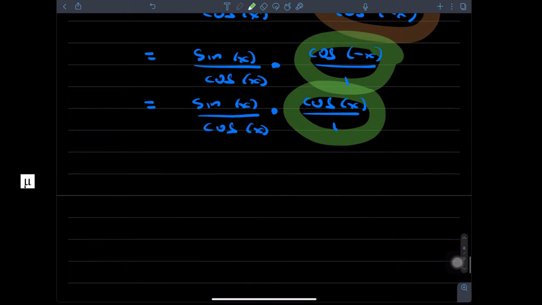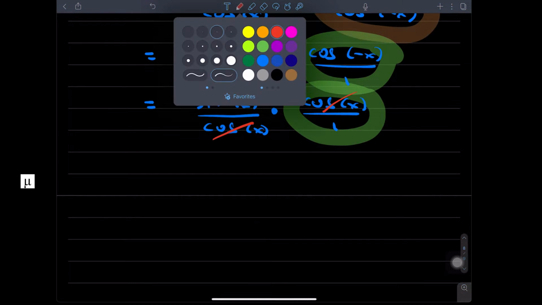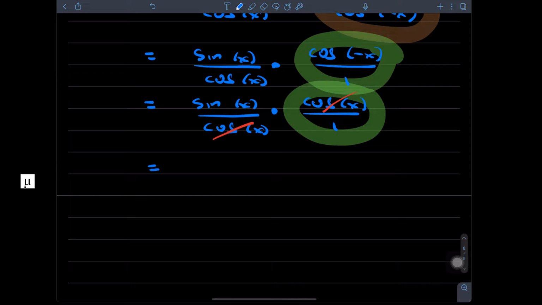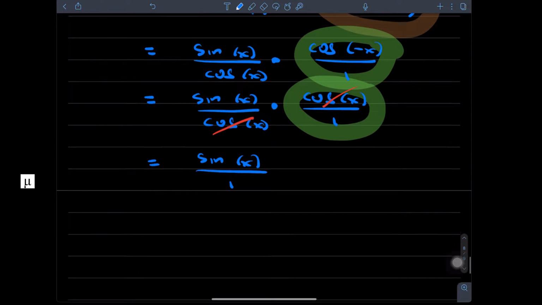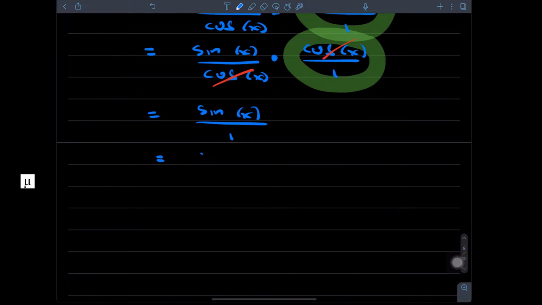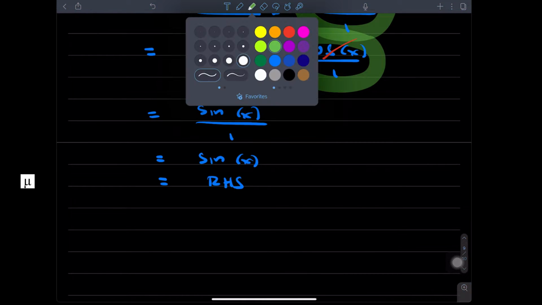And then what do you guys know you can do by algebra again? Cancel. So you're left with sine over 1. Is that true? So you say, Mr. Judge, I want to see every gory detail. Sine divided by 1. And anything divided by 1 is itself. And this happens again to be the what? The right-hand side.